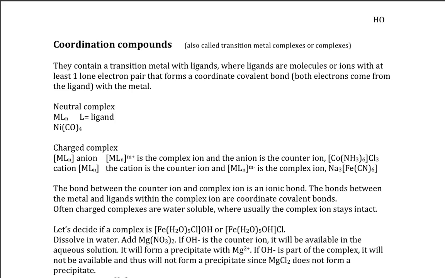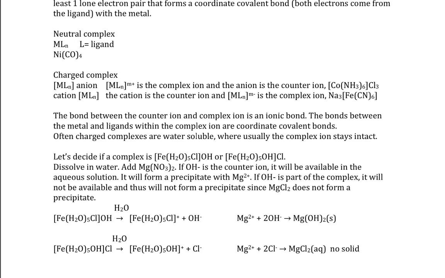Often charged complexes are water-soluble, where usually the complex ion stays intact. So here's an example of a complex that is involving iron as the transition metal, Fe(H2O)5, so that means there's 5 water ligands, water molecules attached to the iron, and we have a Cl minus associated with it, and also an OH minus associated with it.